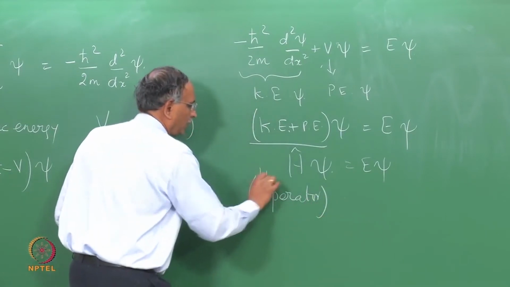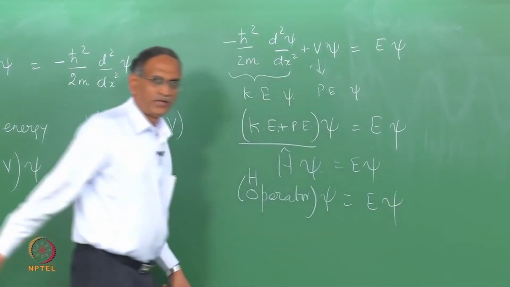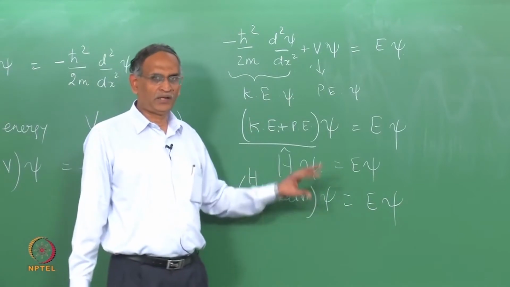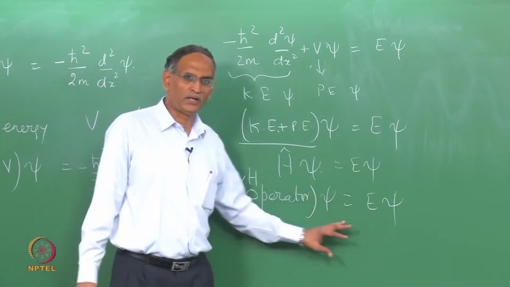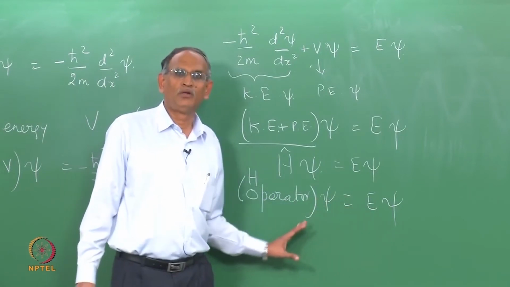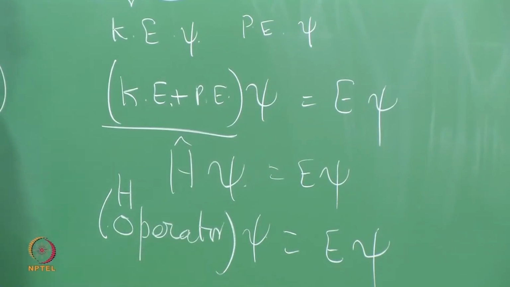The Hamiltonian operator acting on psi giving you a constant times psi. Schrodinger equation is a very specific equation for the Hamiltonian operator, and such equations in mathematics are known as eigenvalue equations for whatever quantities that appear here.